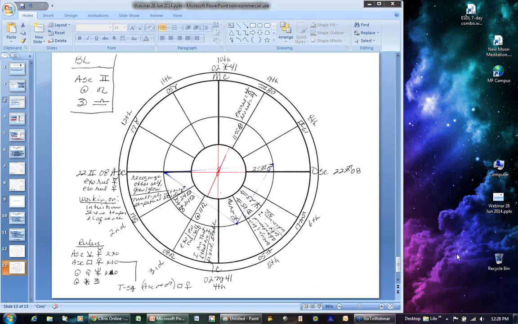Then the other thing is, when we get involved, not only are you volunteering to have your chart delineated, but we want you to do it in a similar fashion to what we've done. We want you to look at the ascendant. We want you to look at the esoteric and exoteric keynotes.